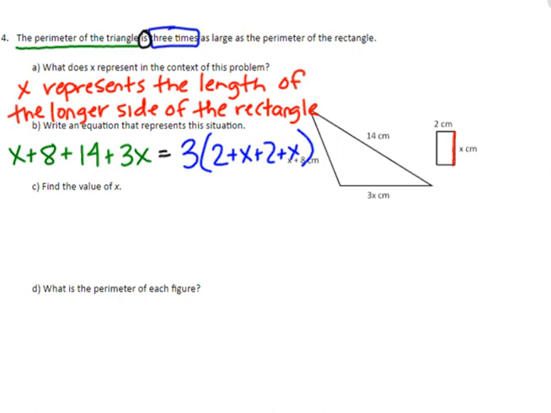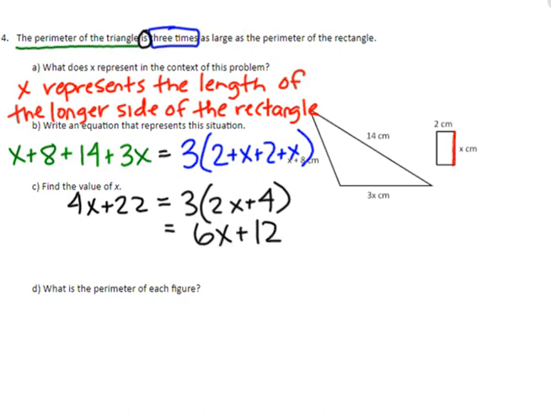Okay, from here we can go ahead and solve. When I combine like terms, I'm going to get 4x plus 22 equals 3 times 2x plus 4, which could be rewritten as 6x plus 12.